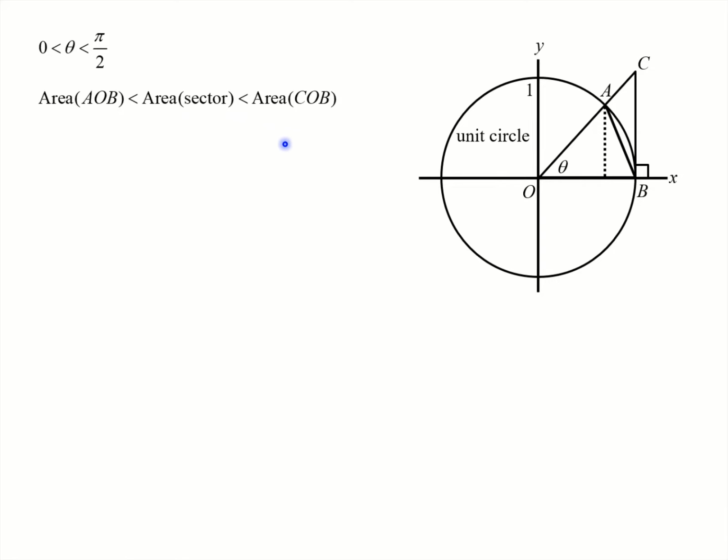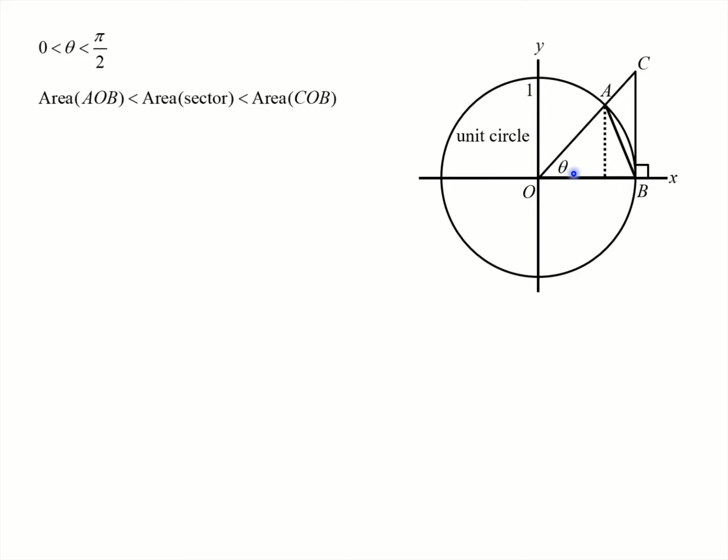Now, before we move on, I'd like to know the length of this little dotted line. Well, I could say that the sine of theta, so I'm looking at this right triangle now, the sine of theta is opposite over hypotenuse.